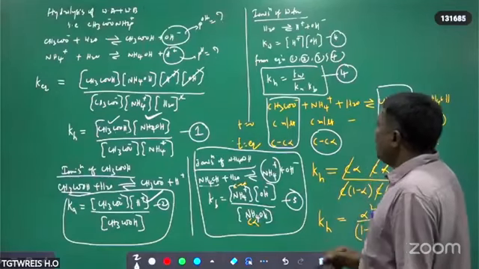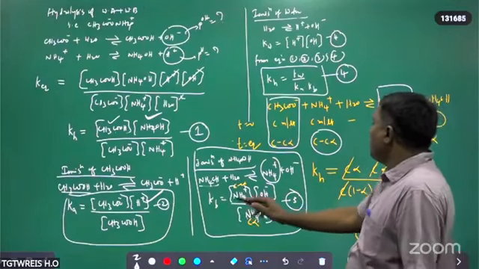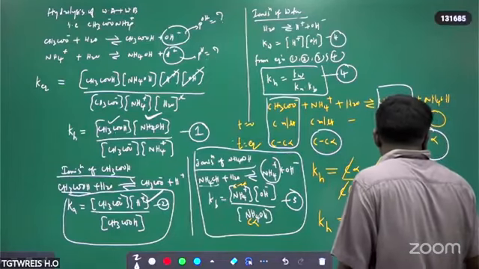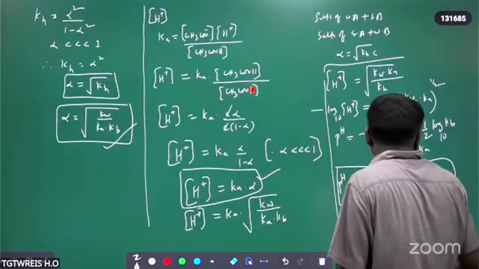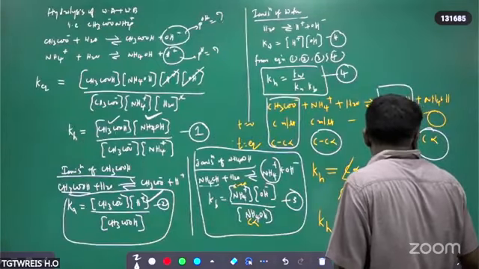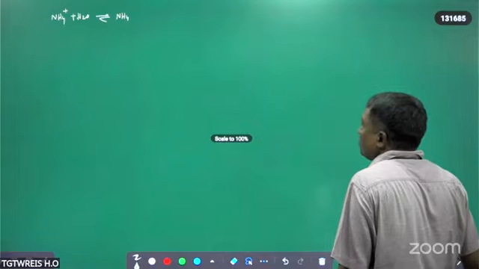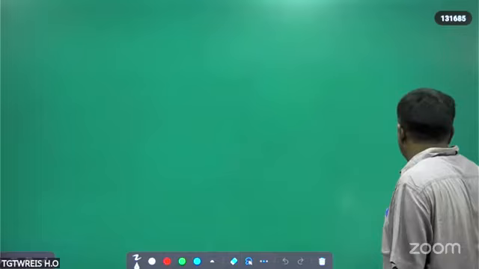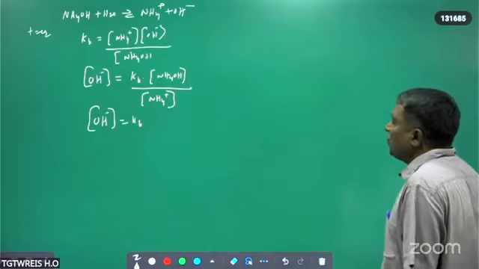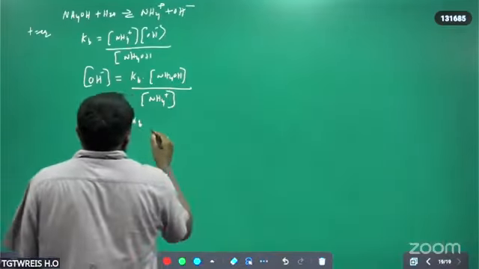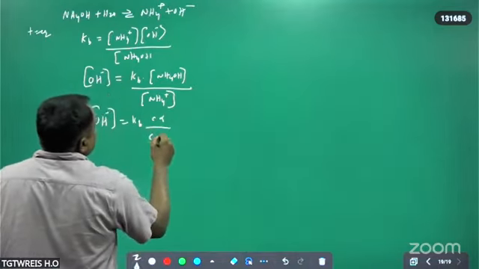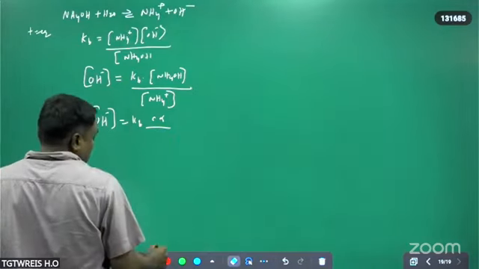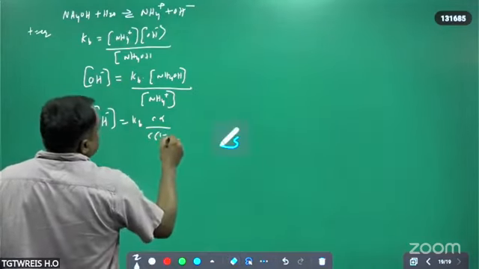NH4 plus is C minus C alpha, and NH4OH is the C alpha. So this is C alpha and this is C minus C alpha, which is C into 1 minus alpha.